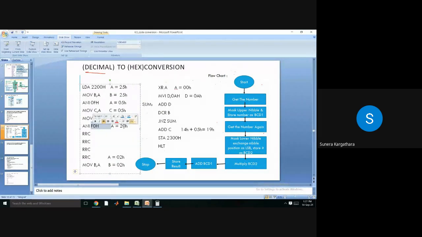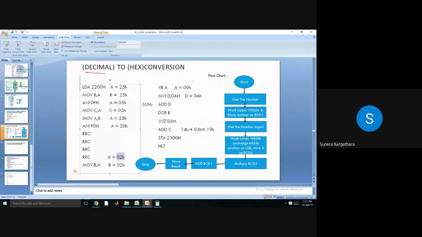You will separate 20 and rotate it 4 times, meaning you exchange your nibble, and that is nothing but 02. Am I communicating, students? How to separate 2 and 5 from the number 25. Is it clear to everyone?